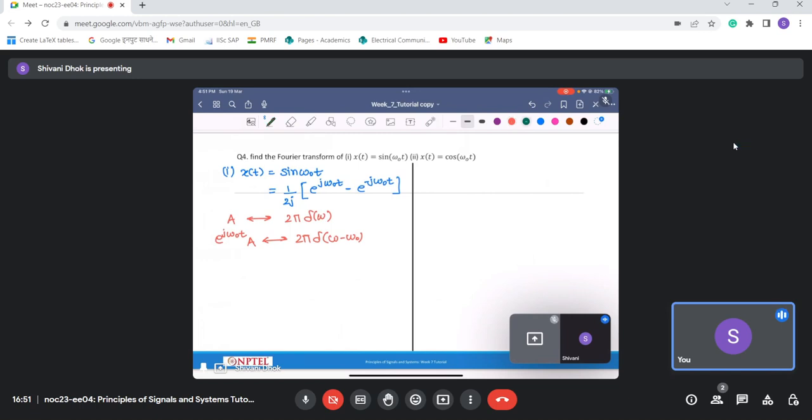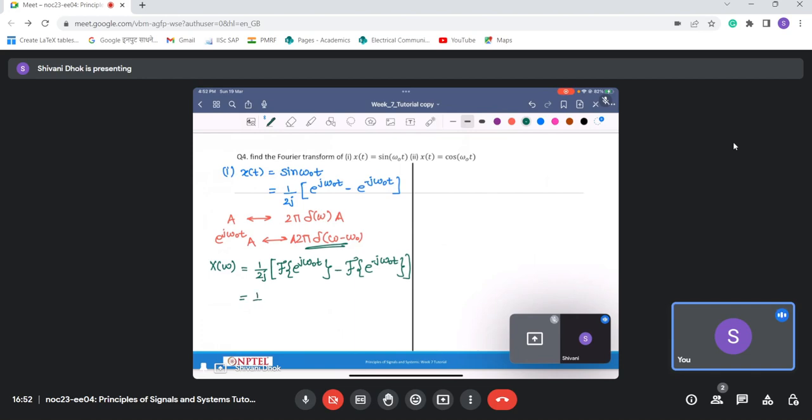Yeah, so this is the Fourier transform that we have here. If we consider this and apply the linearity property, then X of omega is simply 1 upon 2j, Fourier transform of e power j omega naught t minus Fourier transform of e power minus j omega naught t. If we use this property with a equal to 1, e power j omega naught t basically has Fourier transform of 2 pi delta of omega minus omega naught.